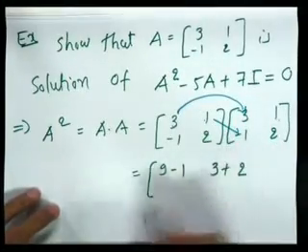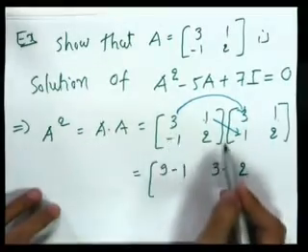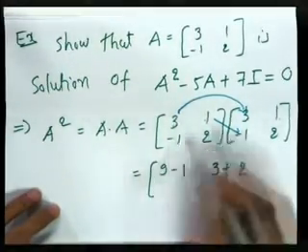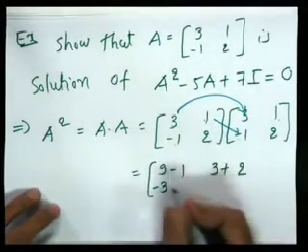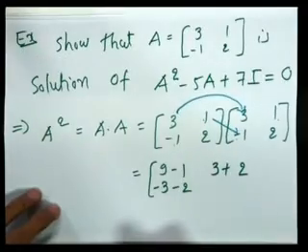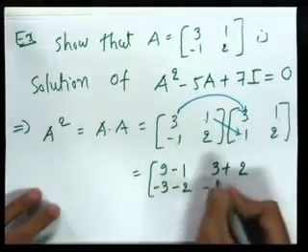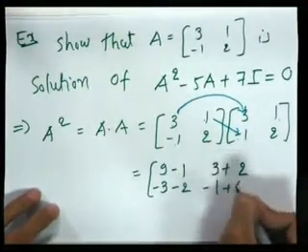Then we will change the row, we will concentrate on the second row and multiply in the same way. Minus 1 with 3 is equal to minus 3, then 2 into minus 1 is equal to minus 2. Okay, then minus 1 into 1 is equal to minus 1, and 2 into 2 is equal to 4.